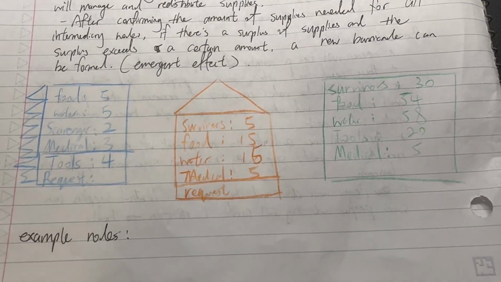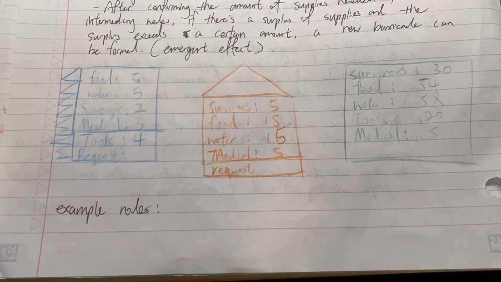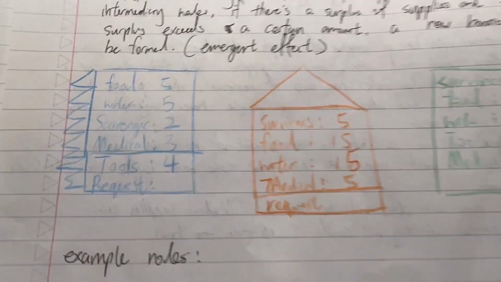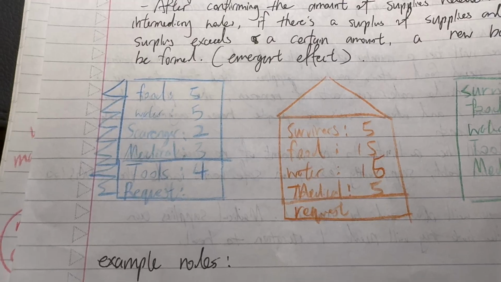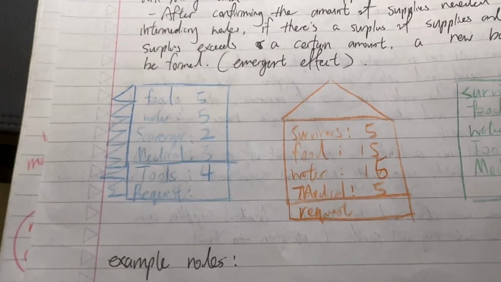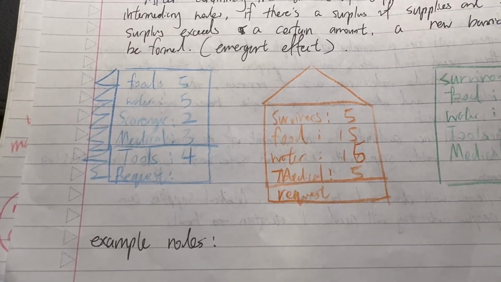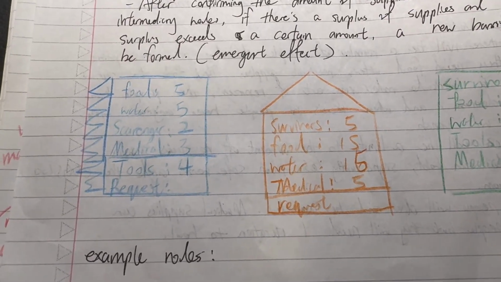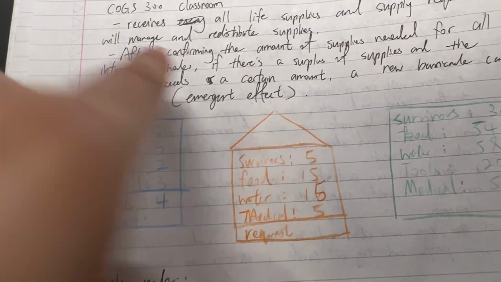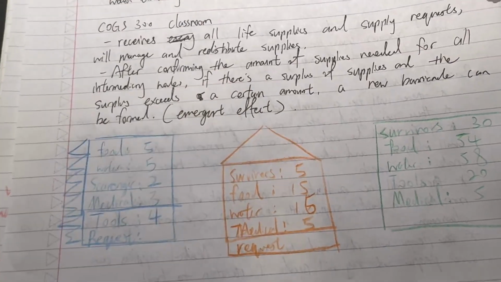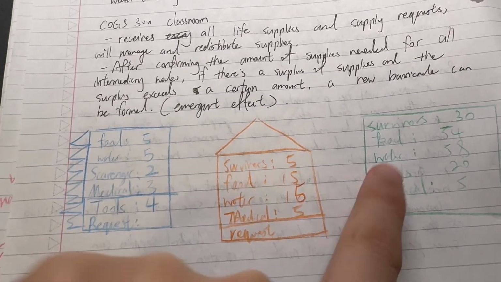So here is an example node for each type of sink. So this is the barricade node. It will have the amount of food, water, and the number of scavengers, and also the amount of medical supplies and tool supplies. It will also have a request that will be later forward propagated to the sink.